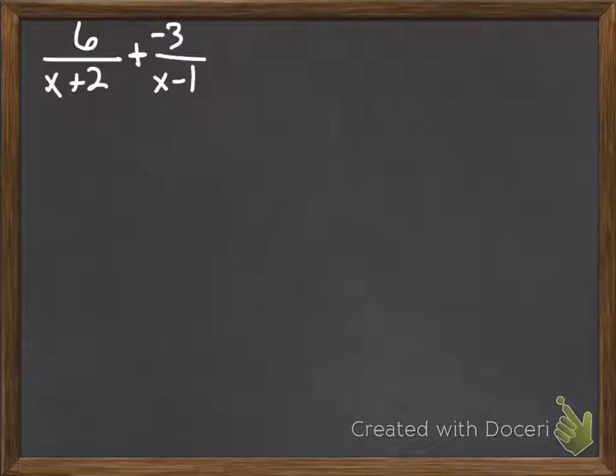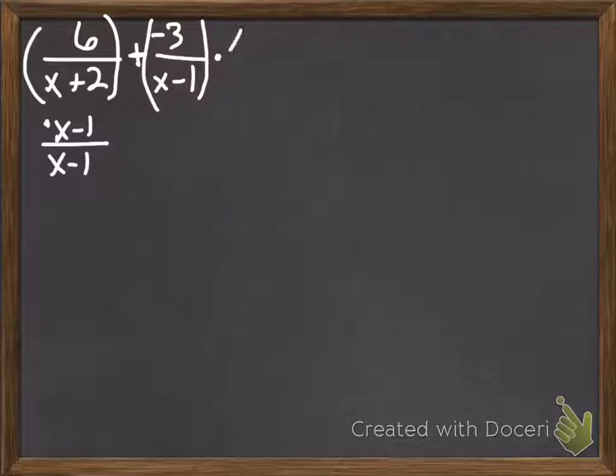So we're going to multiply this fraction by x minus 1 over x minus 1, and we're going to multiply this fraction by x plus 2 over x plus 2.